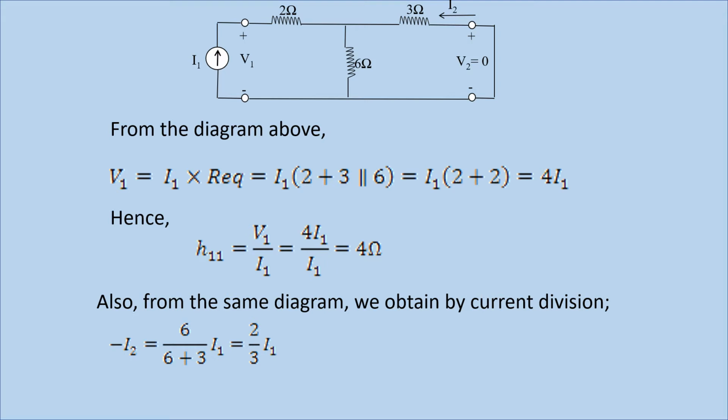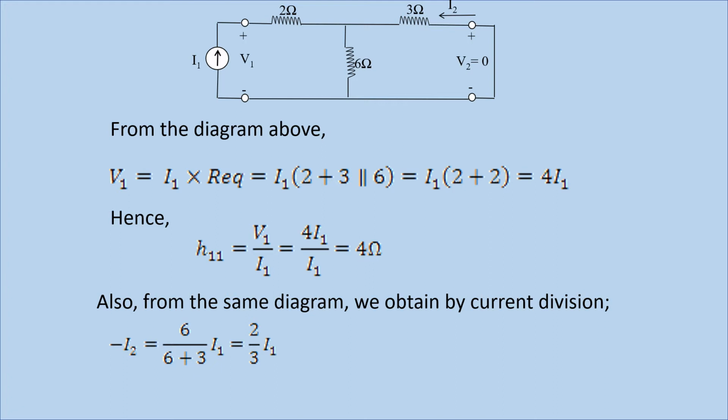Also, V1 is the only voltage that is available. The input voltage is the only available voltage source in the circuit. V2 is already 0. So your V1 equals I1 multiplied by your equivalent resistor.